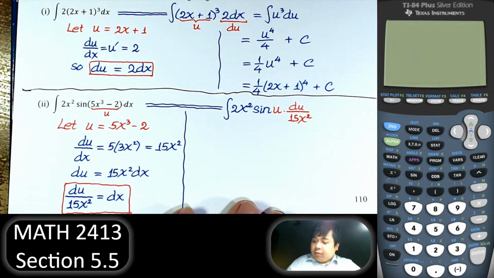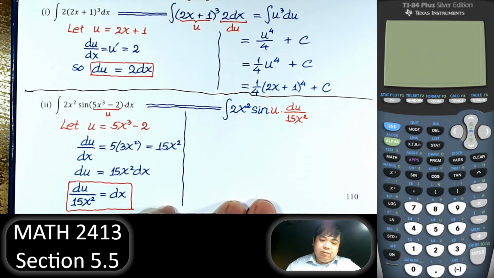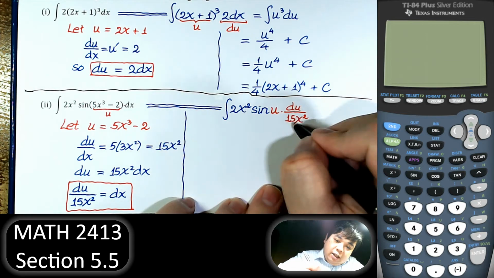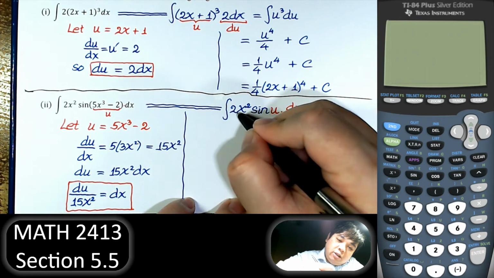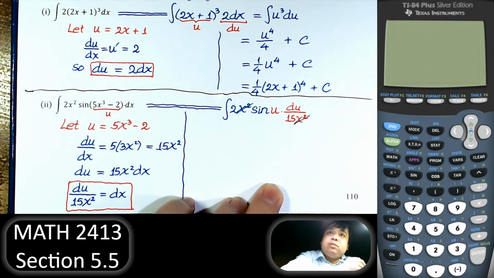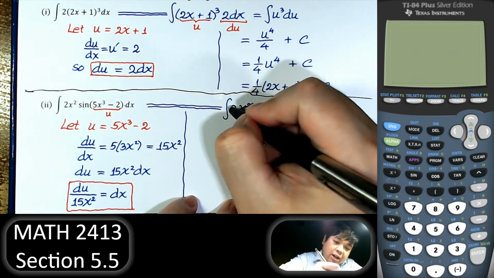Now, what we have here is the x squared and the x squared cancel out, right? We have 2 and 15, 2 on the top, 15 at the bottom. Those are constants, we can take them outside the integral.